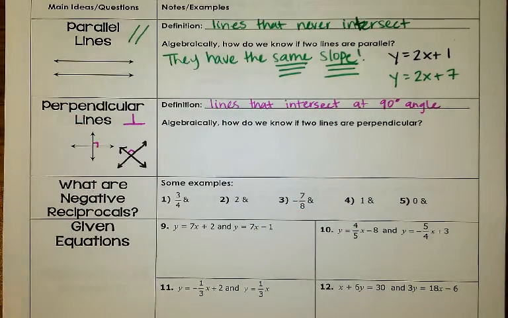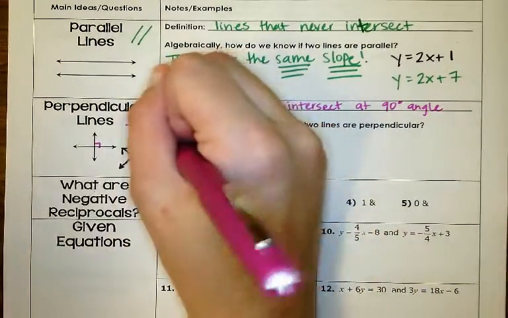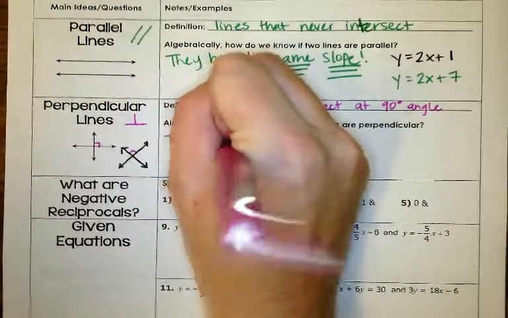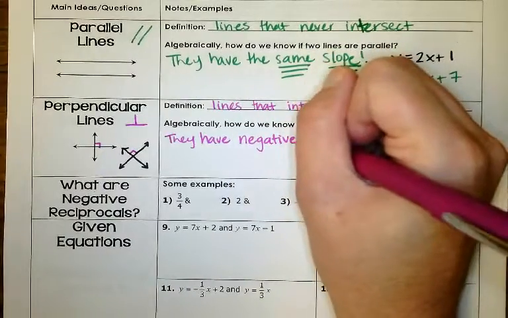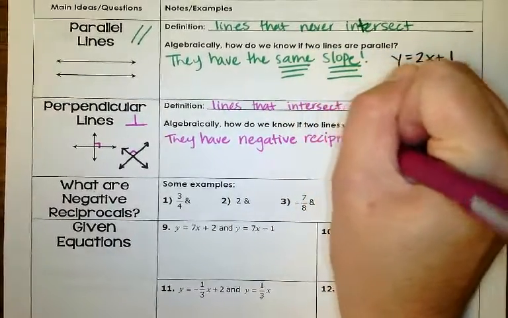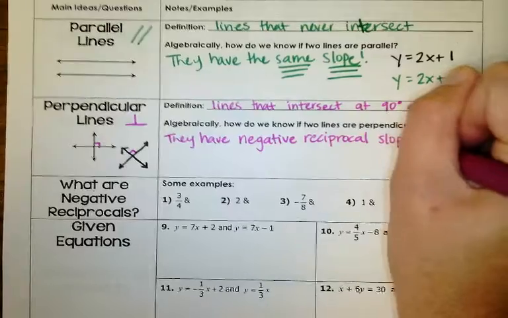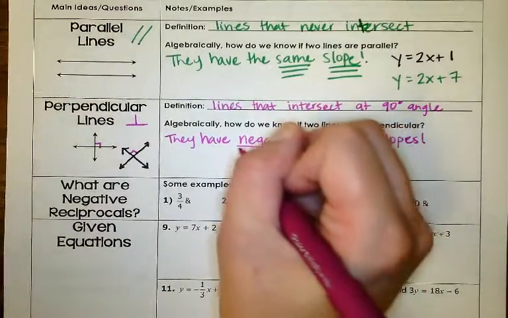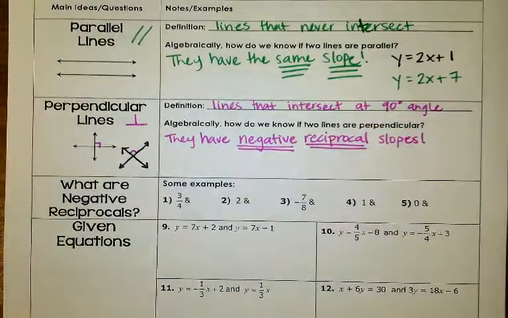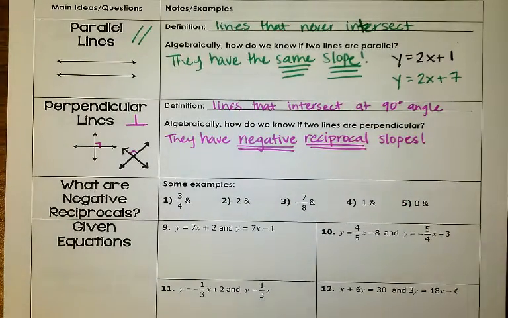Okay, so algebraically, how do we know if the two lines are perpendicular? Well, guess what? It's still going to have to do with your slope. But this time, what it's called is they have, and I use the term negative reciprocal slopes. Okay? So sometimes people say opposite reciprocal, which is totally fine. I like the term negative reciprocal. It means the same thing. And you're like, cool, Miss Humanek, but what's a negative reciprocal slope?